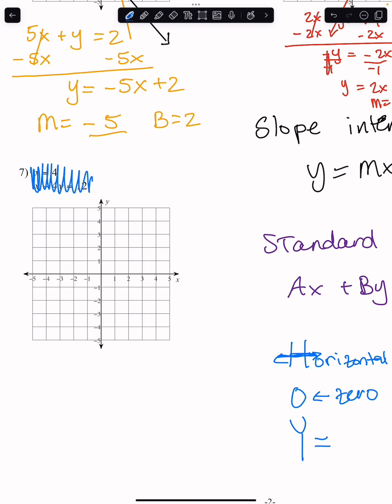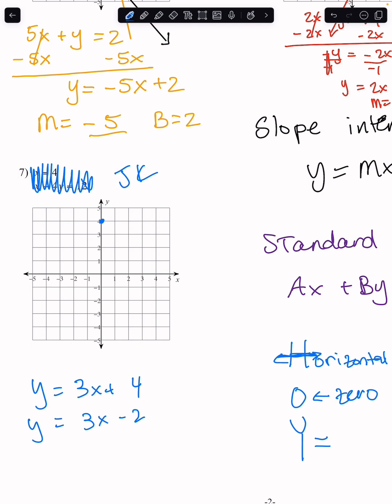This is the last example. What if I had a question like y equals 3x plus 4 and y equals 3x minus 2? When we graph that, we got our y-intercept at positive 4.